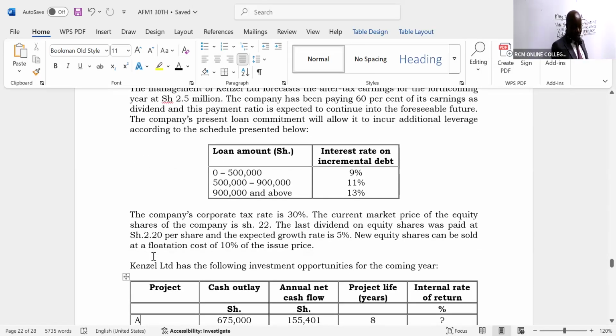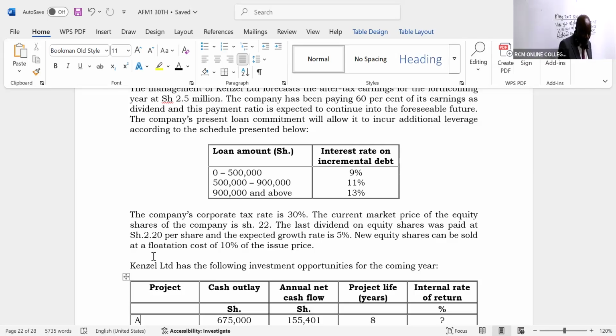That is key. The question has taxation, 30%. The current market price of equity shares of the company is 22. The last dividend on equity shares was paid at 2.2 per share, and the expected growth rate is 5%. New equity shares can be sold at a flotation cost of 10% of the issue price.